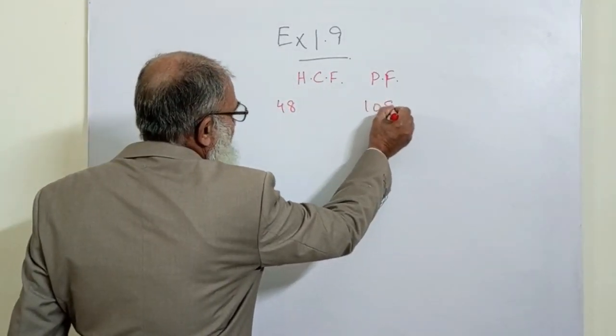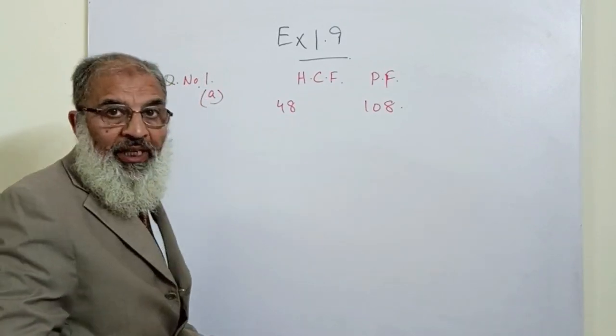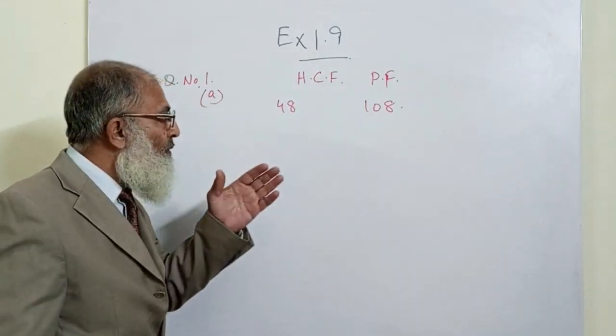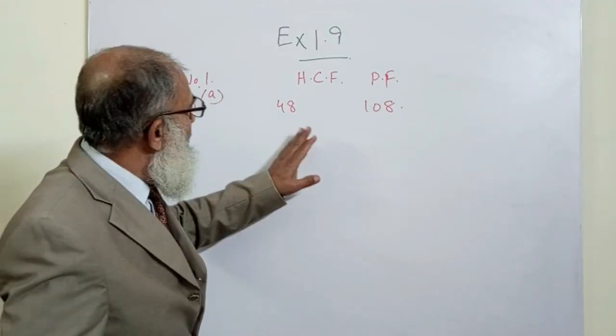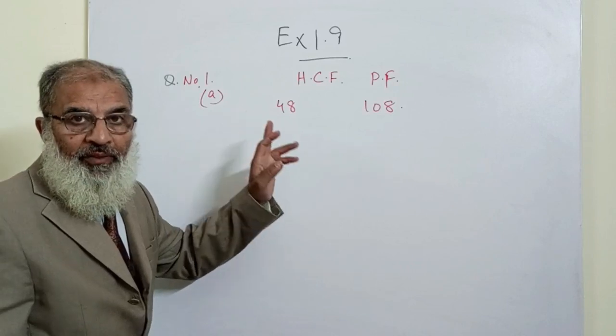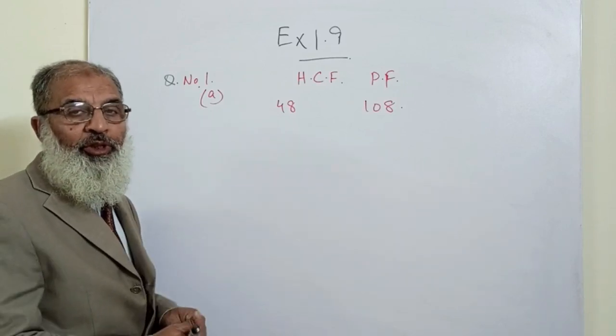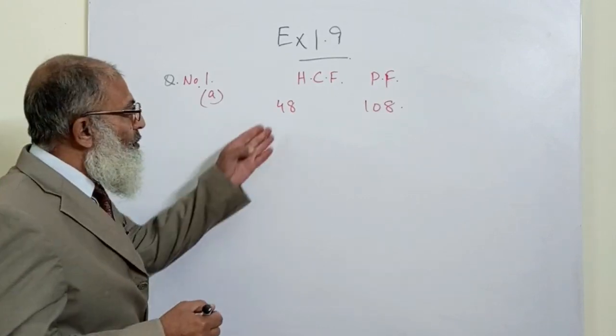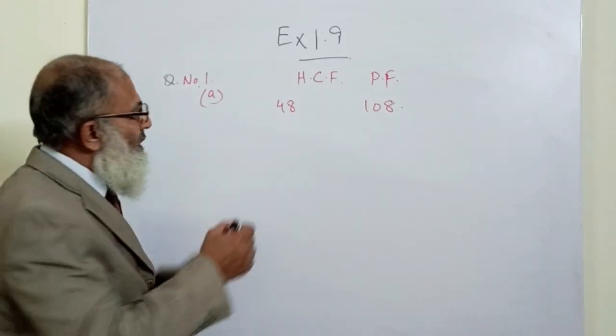48 and 108. Now there are again, what I told you was two methods of doing. I have already done 48 in my previous example. That was with division method. Now I am going to do it with tree method.